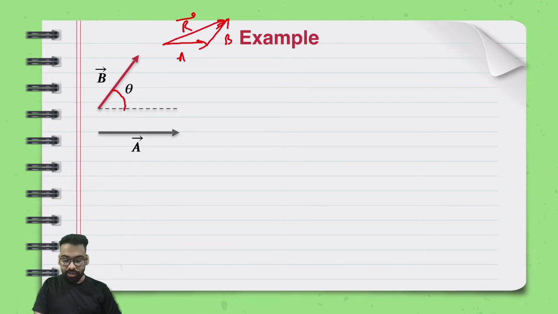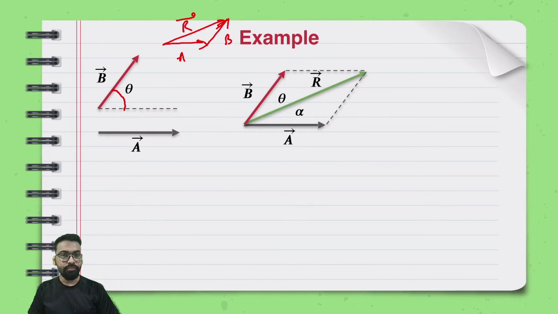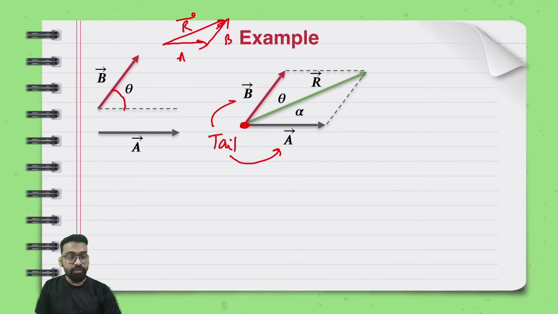I will say that you join both of them at a common point. This happens to be that common point, A and B. They are coming in at the same point, with the tail of A and the tail of B at the same point, where both vectors are originating.